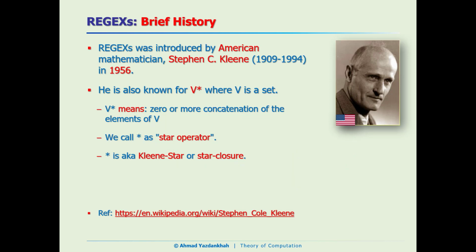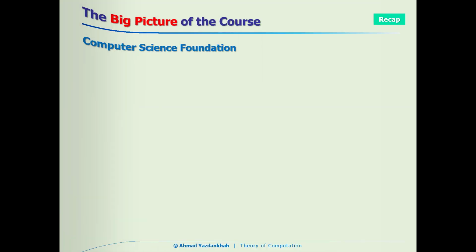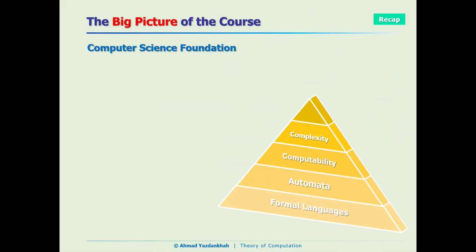Let's look at the big picture of this course one more time for refreshing our mind. As we said before, the computer science foundation, which is the theory of computation, is divided into four branches: formal languages, automata, computability, and complexity. We went over the formal languages and finished the automata.